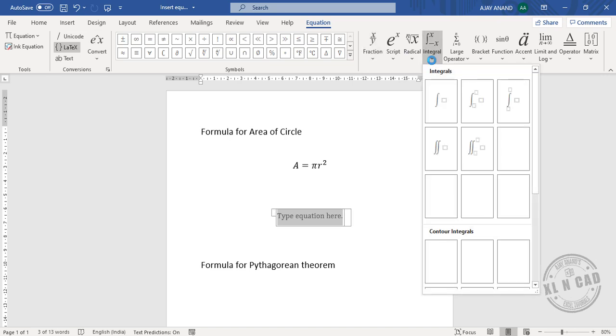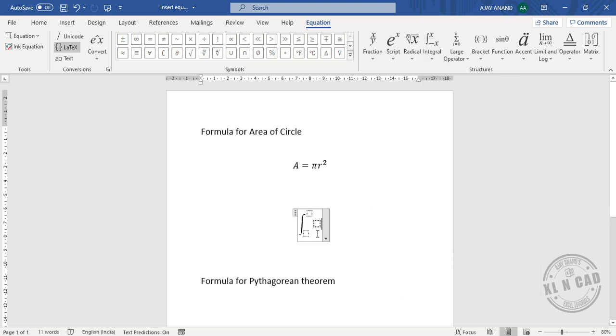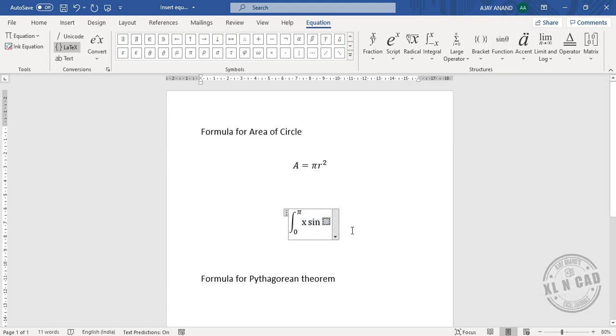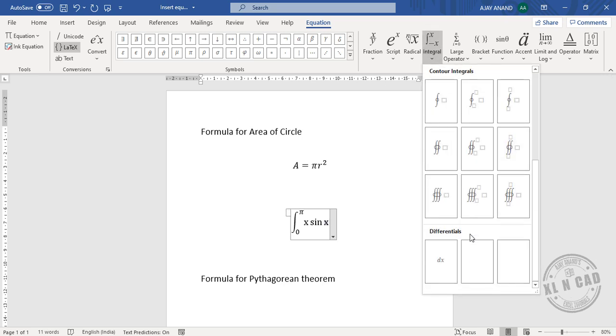Integral, integral with limits, 0, pi, x, sine, x, integral, differentials, dx.